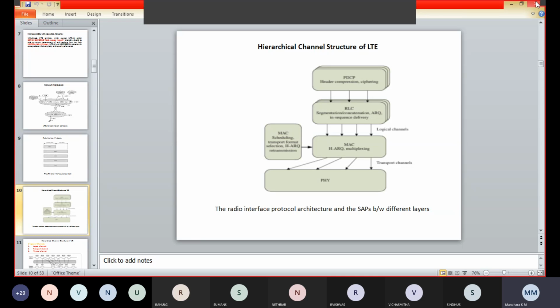So here the concept of the shared channel transmission originates from the HSDPA, which uses the high-speed downlink shared channel, that is HS-DSCH, to multiplex the traffic and control information among different user equipments.